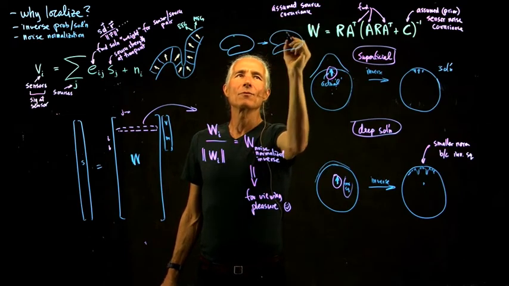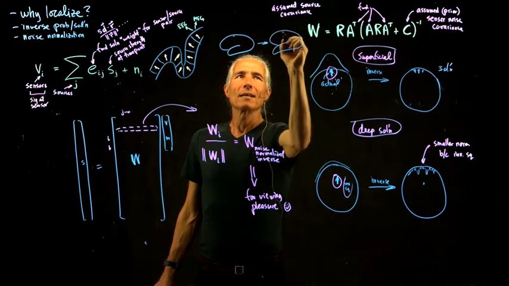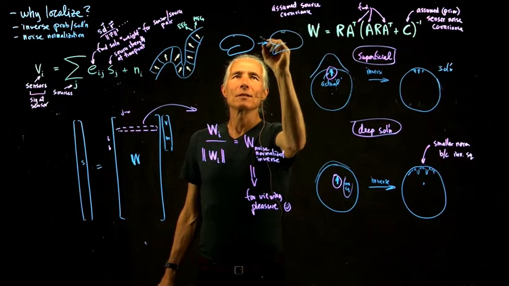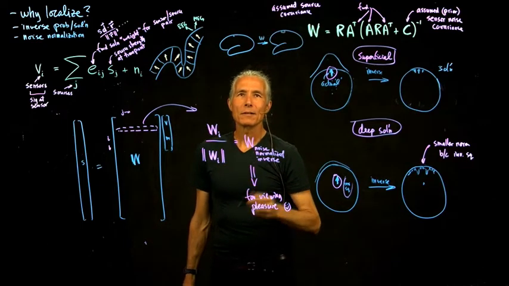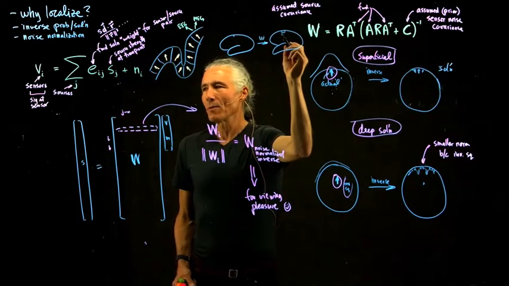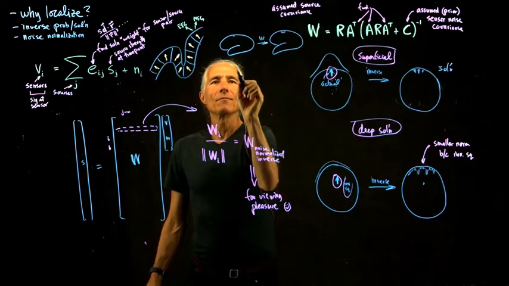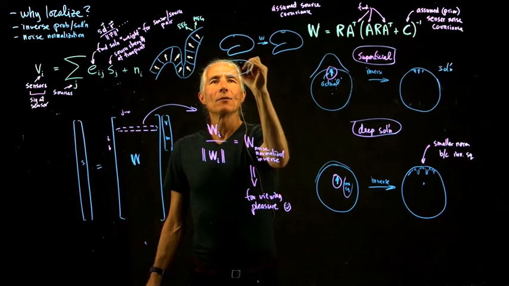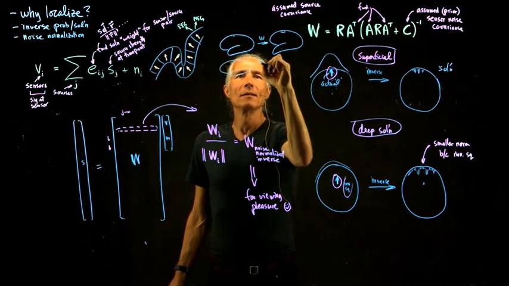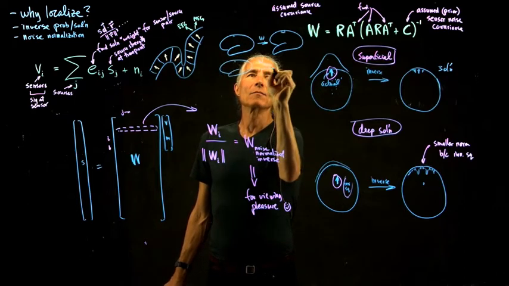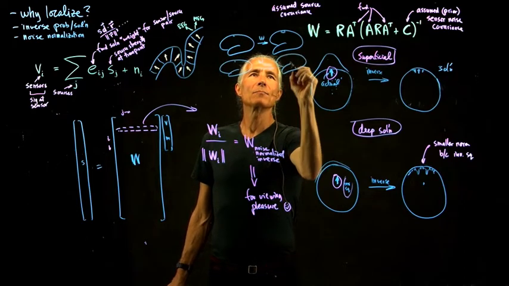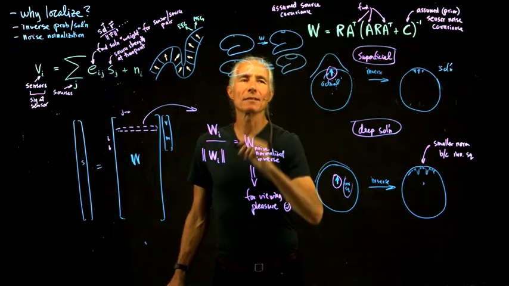If you just use the regular, real solution, you're going to localize that superficial source pretty well. If you use the noise normalized one, we'll just call it norm for short, you'll actually kind of smear out that solution a little bit.